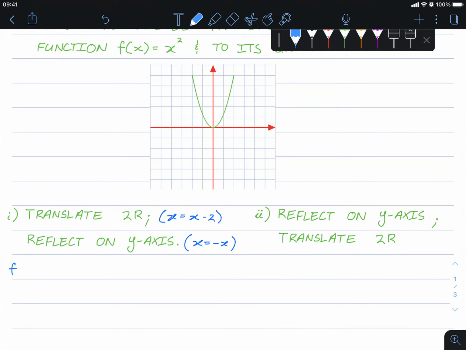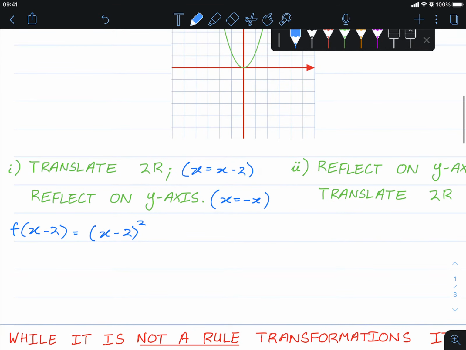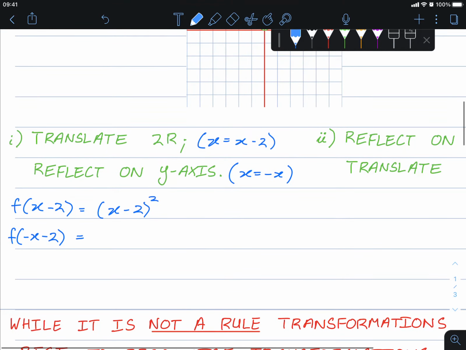Let's do f of x minus 2 to this function here. That gives us x minus 2 squared. And then if we do this second transformation, f of minus x minus 2, this will give us negative x minus 2 squared.